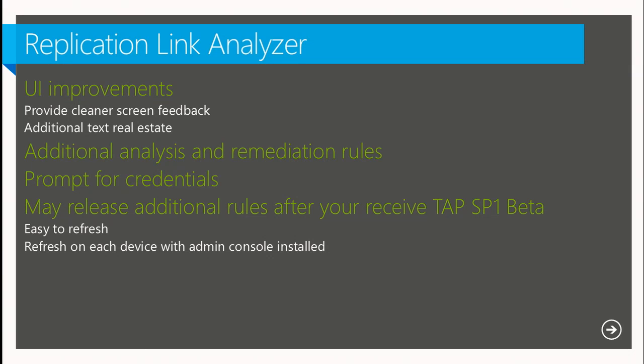And also, we've done some UI improvements to help with screen real estate and give you more information on what we're actually doing. For instance, when there is a problem with a particular replication group, I showed you that list on replication detail where there might be just one group that has a problem and not the whole set of data during replication.